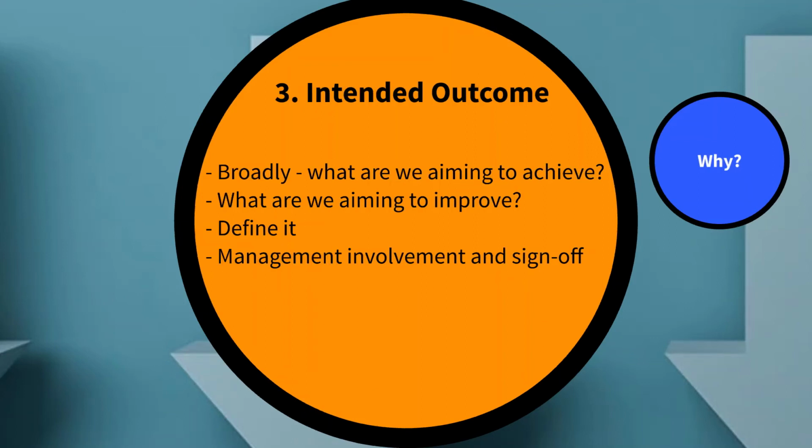And what we're really saying is, as a business, if we're going to implement a safety management system or a quality management system or an information security management system, it's important, and we encourage our customers to do this, to broadly identify, very broadly at this stage, what are we aiming to achieve? What are we doing this for? And we'll talk about why it's important to do that.